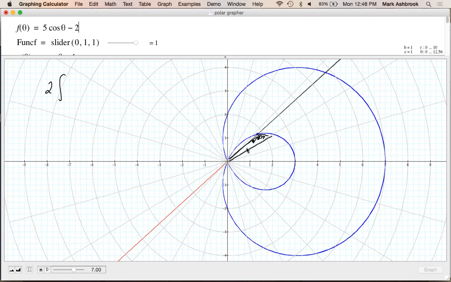So here's our typical strip. And we know that this formula, 1/2 r squared d theta, is going to sum up all those typical strips. So what's left? The bounds, right? So we have to get the bounds. How are we going to get the bounds? So from what angle to what angle are we going to sum up those slivers? 0 to pi over 2.